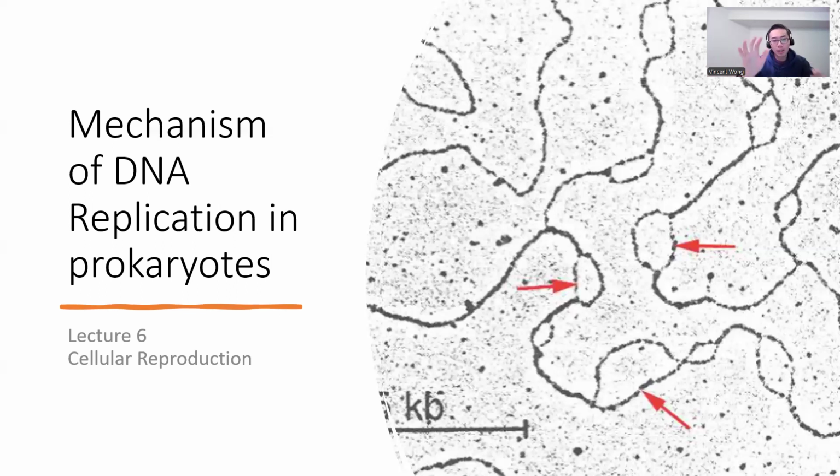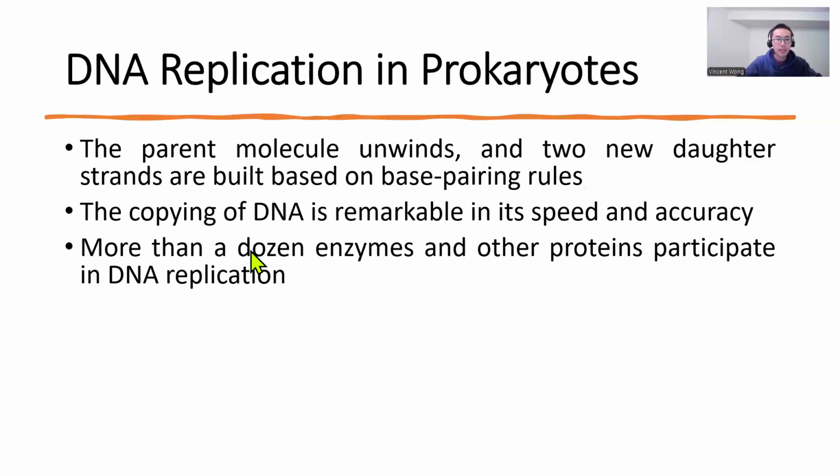And so we will learn it for prokaryotes first, and then we'll extend it to eukaryotes later on. So to replicate the DNA in prokaryotes, the original DNA, the parent DNA, is going to be unwound, and we understand it is semi-conservative now. So each half will be used as a template to create the missing half.